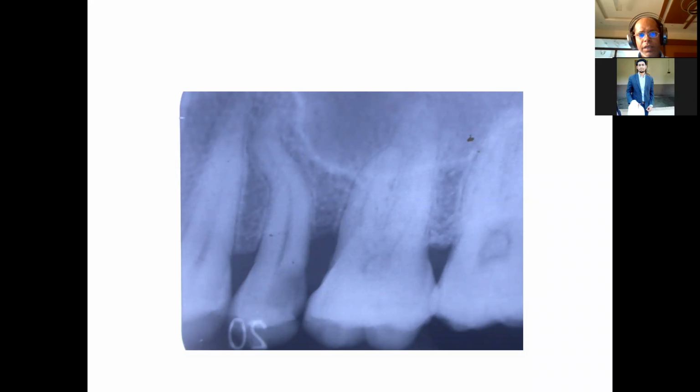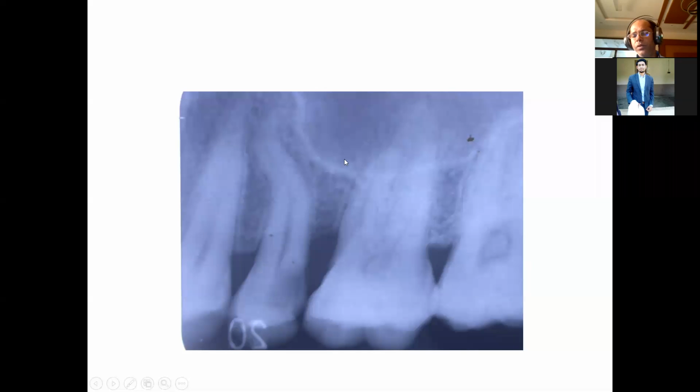Third molar. Here you can see this premolar. It is not impossible to do the root canal treatment of this tooth, but the difficulty is much higher as compared to a normal tooth structure. In this premolar you can see a double curvature, what we call an S-shaped curvature, and the periapical area again has a curve.